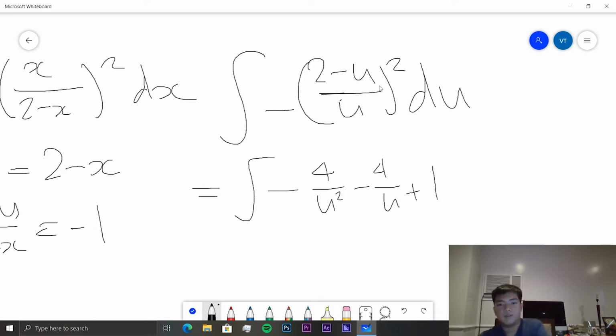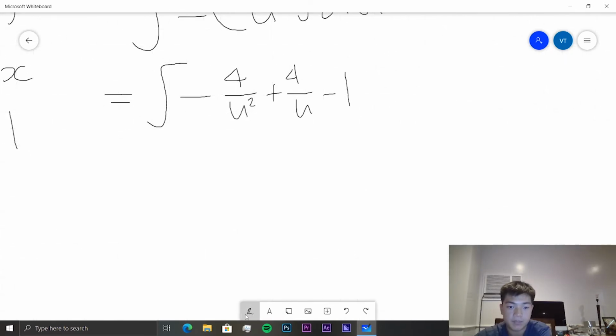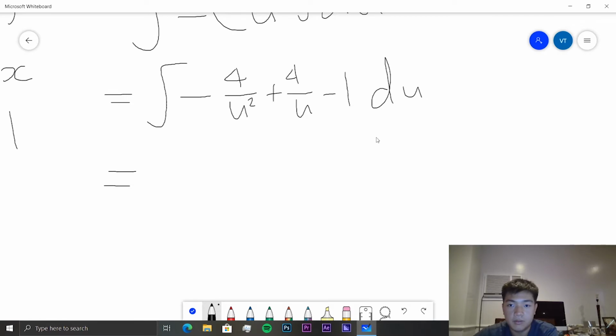Oh, and then we have to flip these all around again. So this is -4 plus 4 over u minus 1. -4 again, plus 4 minus 1. So this is equal to du.